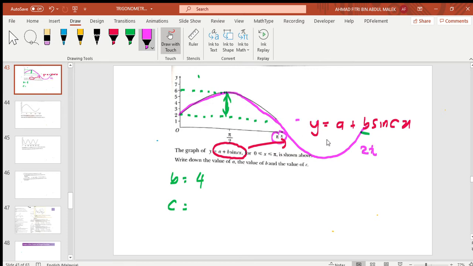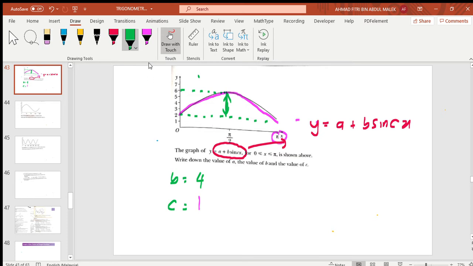So meaning that dia tetap with a complete one cycle. Okay, you tetap kena dapat 2 pi. So meaning that the value of C is 1. Okay, so do understand that.